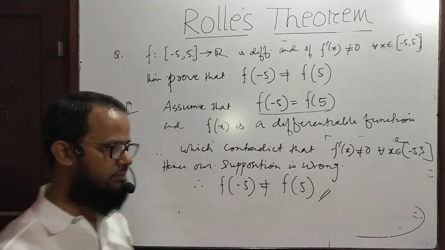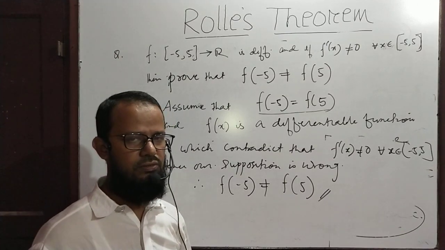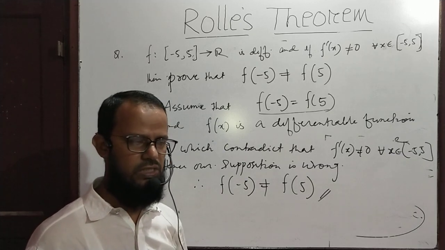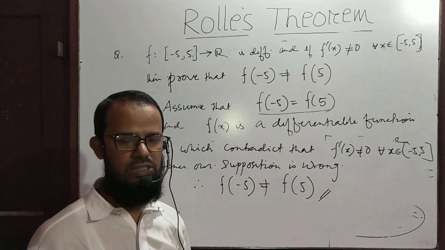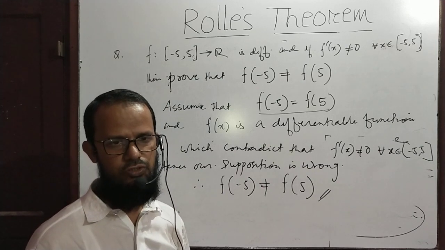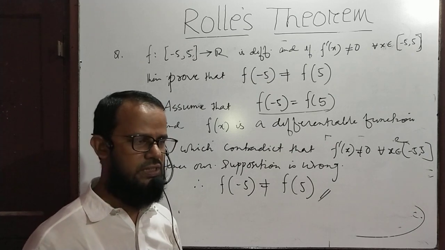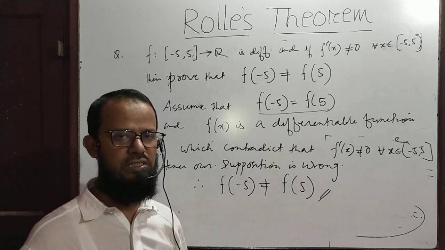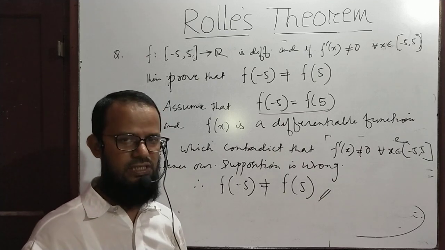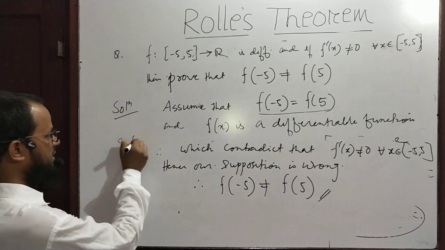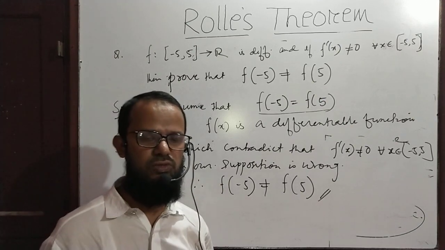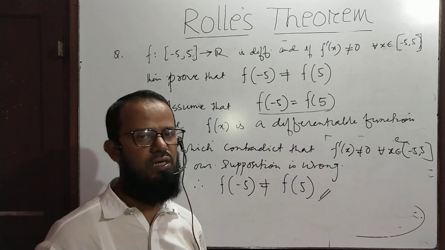Sometimes in examinations the question also asks for the geometrical interpretation, so you must know what it means. Rolle's theorem says there exists some point c within this open interval such that on the curve, at the point c comma f of c, there exists at least one tangent which is parallel to the x-axis.